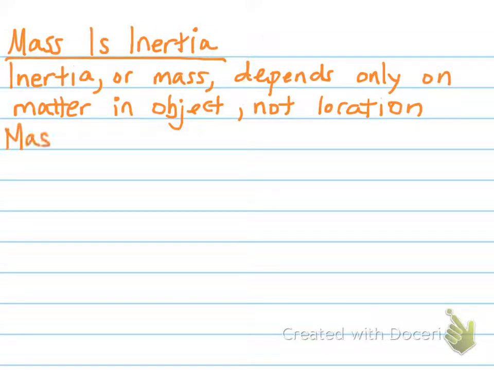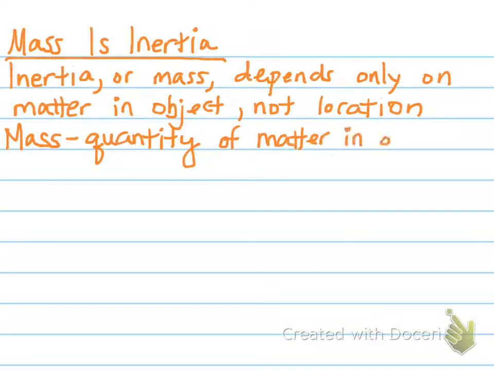Again, remember our definition of mass. Obviously, this definition is pretty important, right? Because, again, this is about the third time we've done this definition. Mass is the quantity, which is kind of a fancy word for amount, of matter in an object.